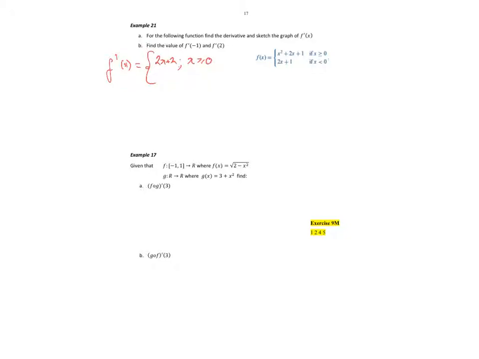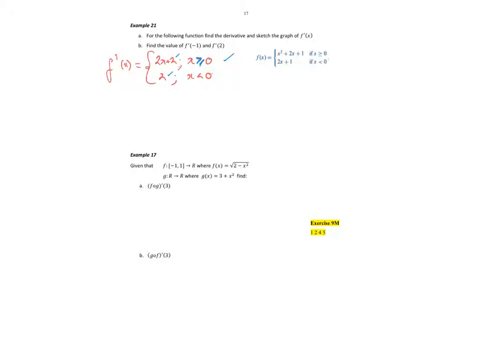And for the next part, it's 2x plus 1, so it's 2 if x is less than or equal to 0. So what we need to do is check at the point x equal to 0. If x is equal to 0, I get 2 there for the derivative. I get 2 there for the derivative. Because it's the same value, our derivative does exist at the point x equal to 0.